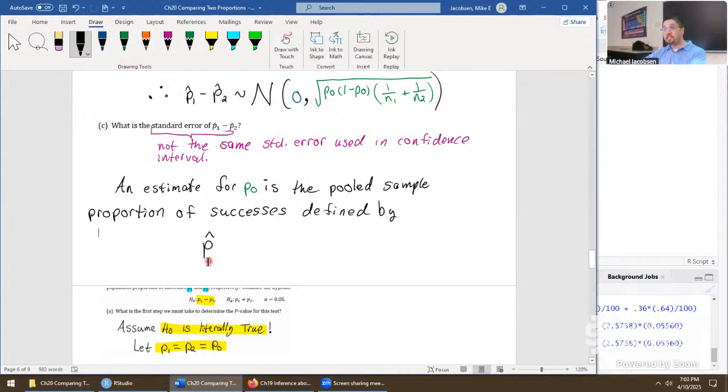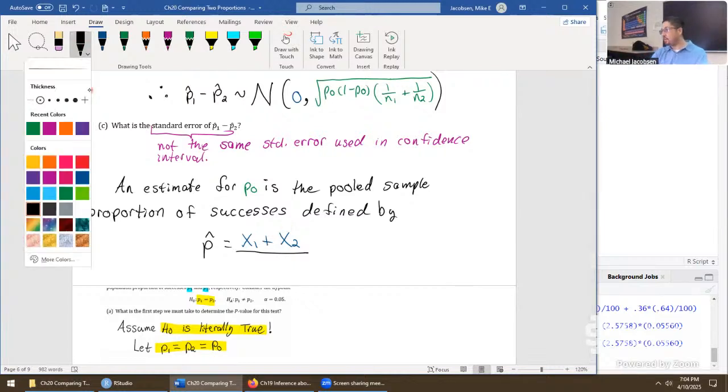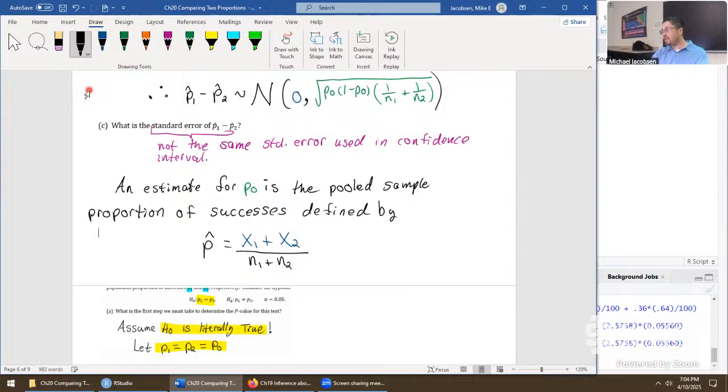We just have to know if this p hat comes up and we're dealing with two populations, it's absolutely not the p hat of the prior chapter, chapter 19. This one's different. It goes x1 plus x2. Those are the successes in the first sample and the second sample. Both samples are estimating the same thing, so we just add those successes together, and we add the sample sizes n1 plus n2 together. So we first estimate p naught by this p hat.